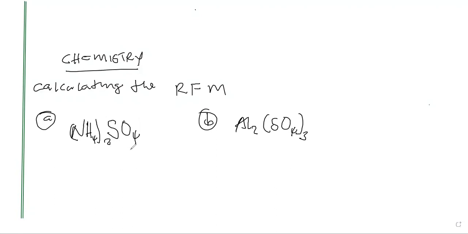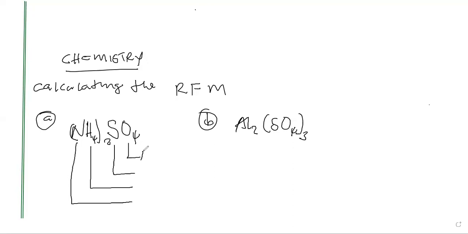So quickly, we have oxygen there, we have sulfur there, we have hydrogen there, then we have nitrogen there. Now, how many oxygens do we have? So we have 4 oxygens there.